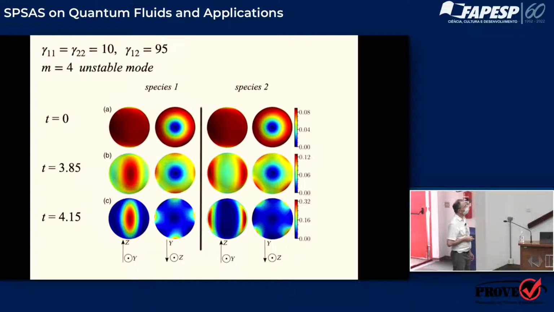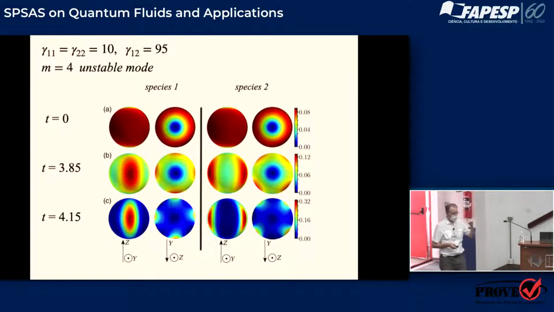And as you evolve, you can clearly see that it breaks in four sections. This unstable mode you can see in that diagram. Whenever you have unstable modes, you see which one has the biggest imaginary omega.